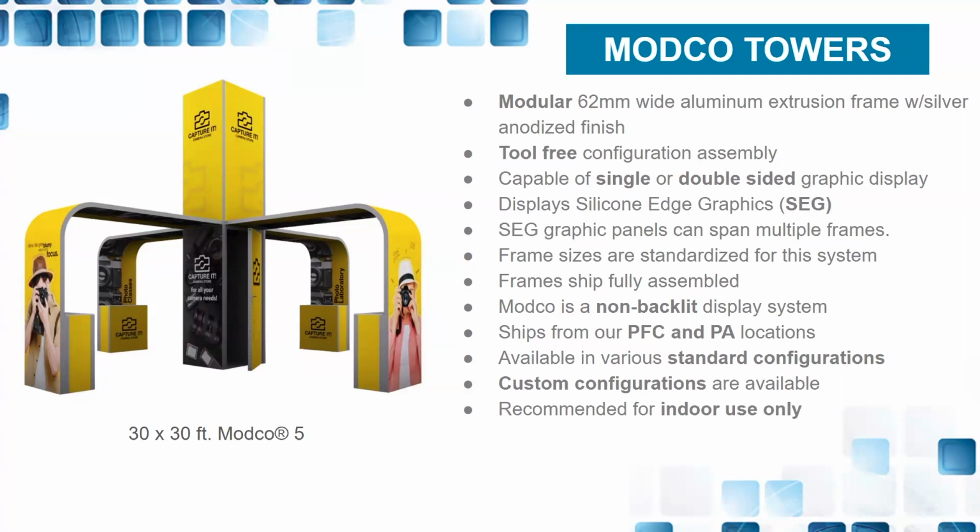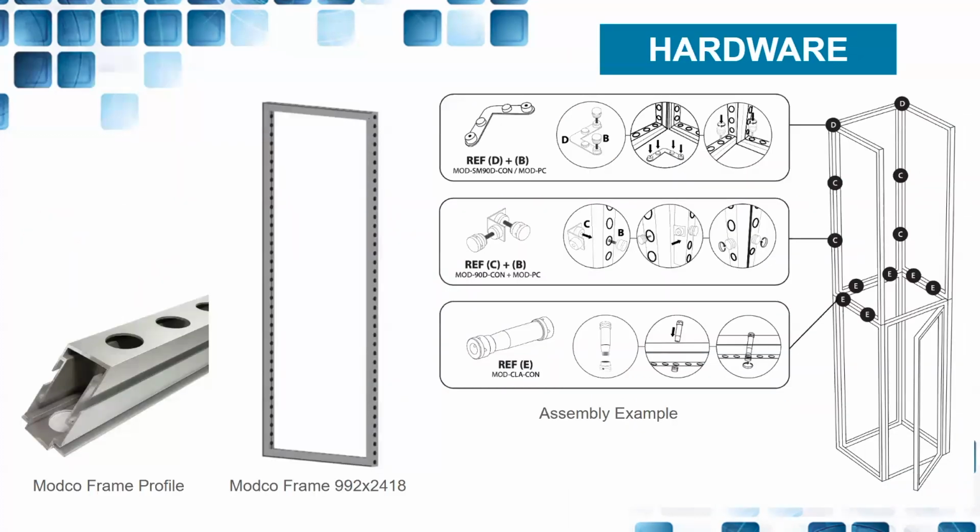It ships out of both of our locations on the west as well as on the east, our PFC, Pacific Fulfillment Center, as well as our Carlisle, Pennsylvania location. They are available in various standard configurations, and custom configurations are also available, and once again recommended for indoor use only. This is a great graphic that shows how the product is assembled.